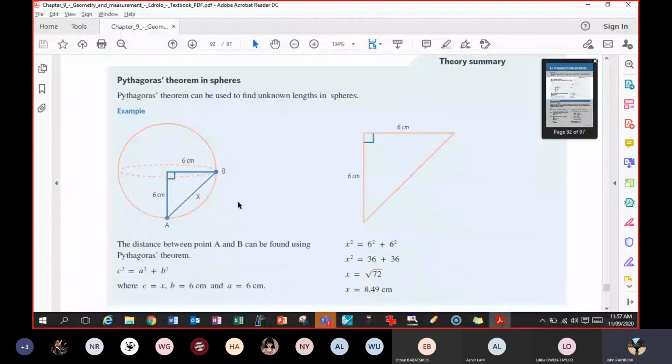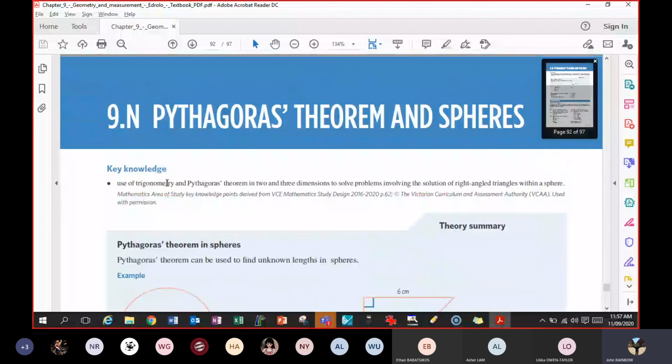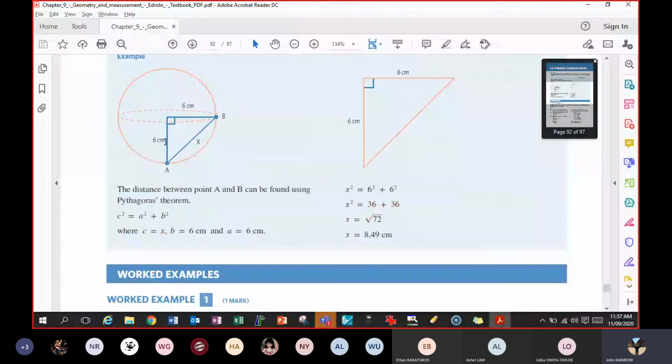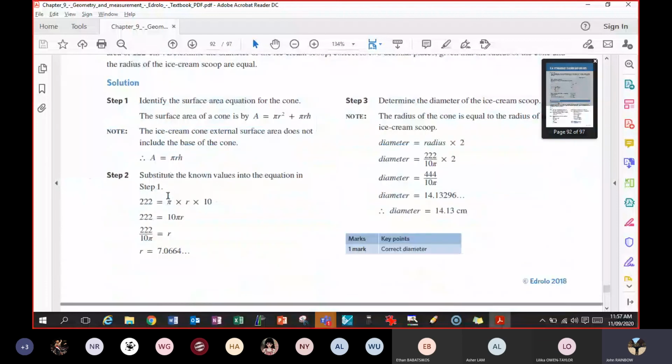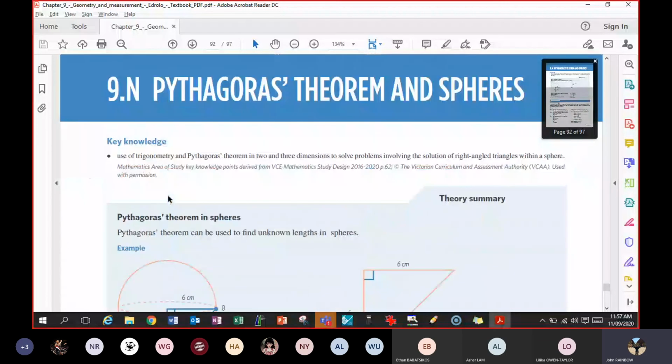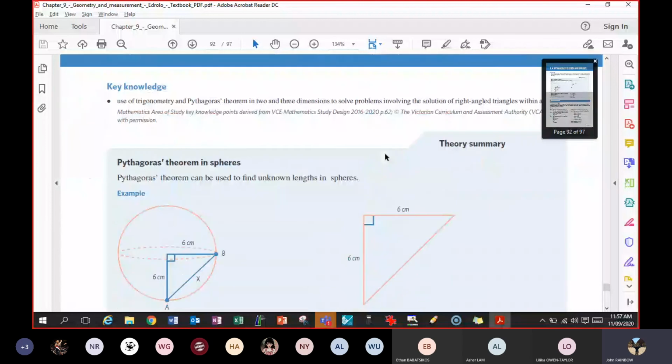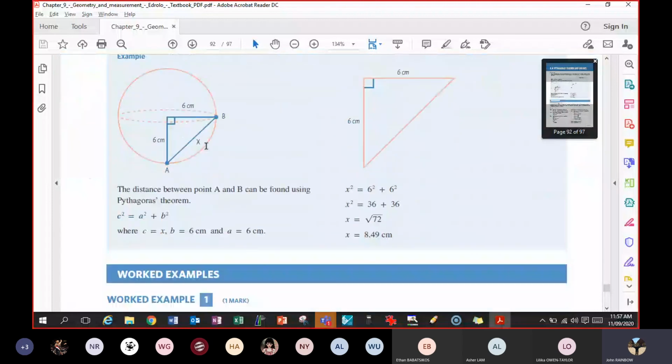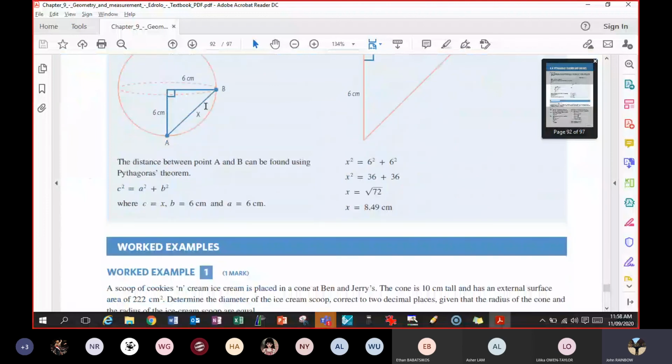Pythagoras' theorem and spheres is a very similar concept to what we just did there, just doing exactly the same thing with distances between them. N, just going through this one, is using Pythagoras' theorem to solve 2- and 3-dimensional problems, using right angles.